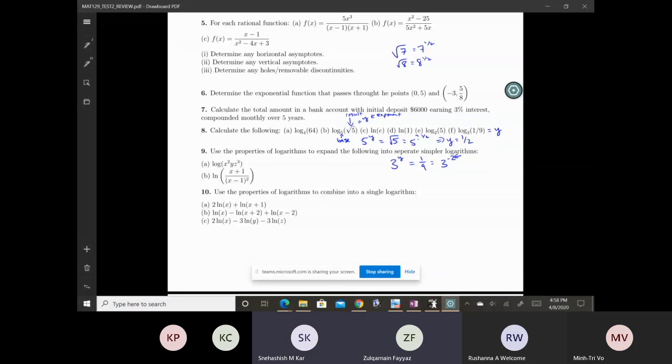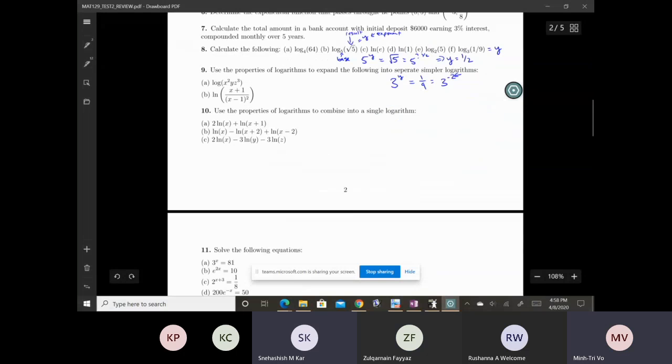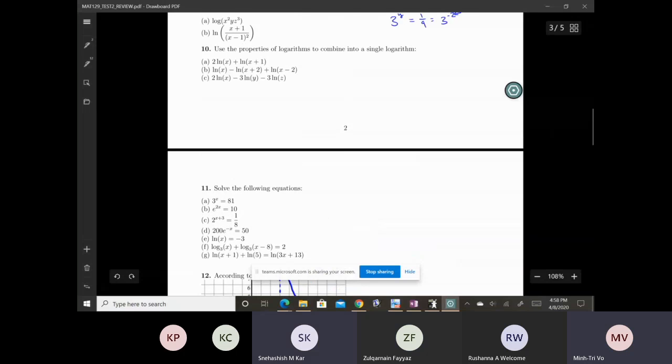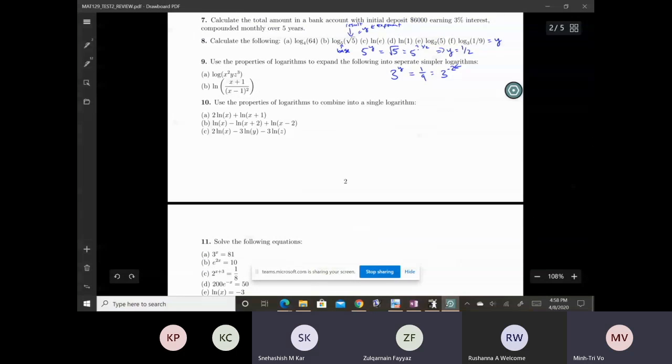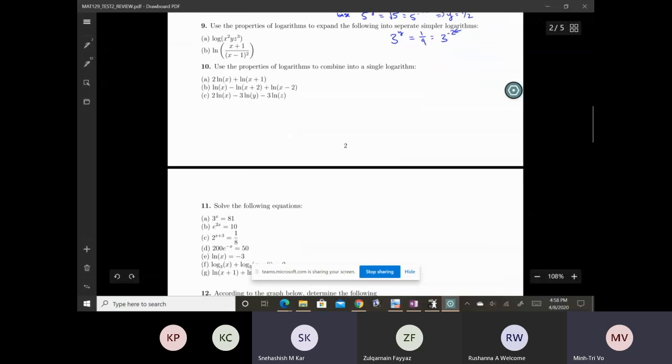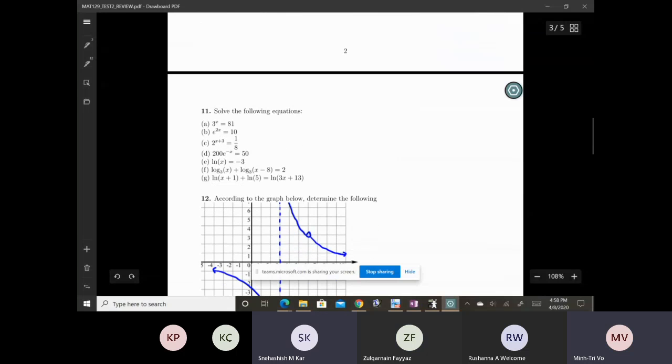Could you go over 11 C? So 11C is almost like what we did with 9 in problem 8, right? Here, on the left, you have 2 to the x plus 3, and then on the right, you have 1/8.